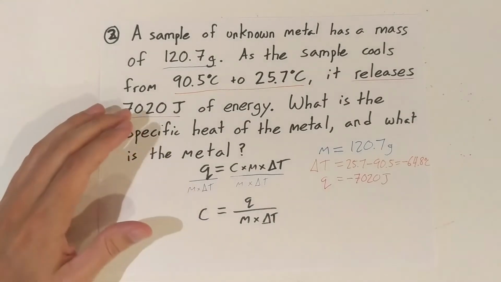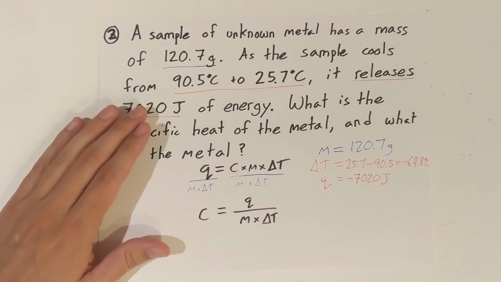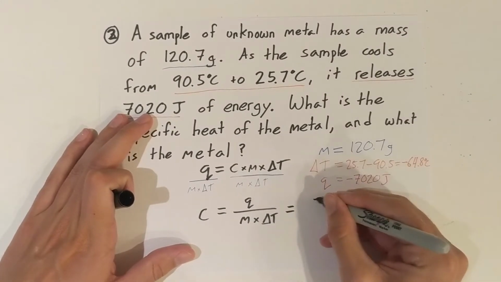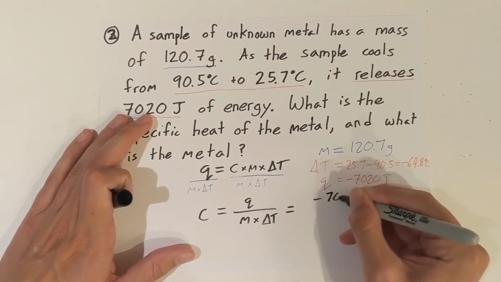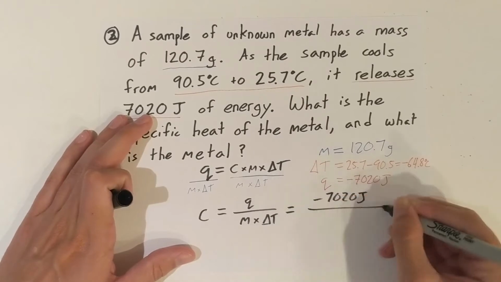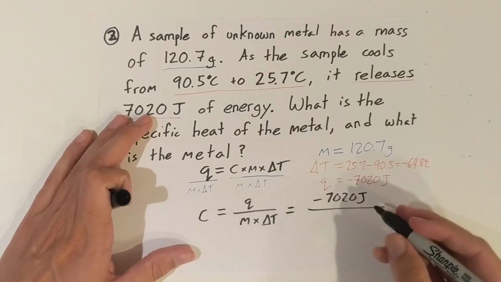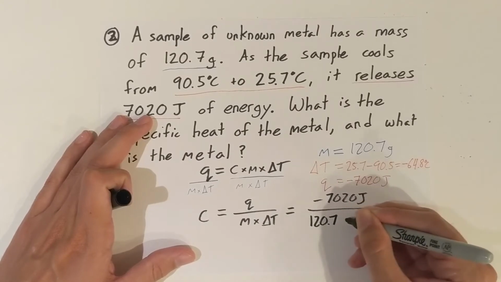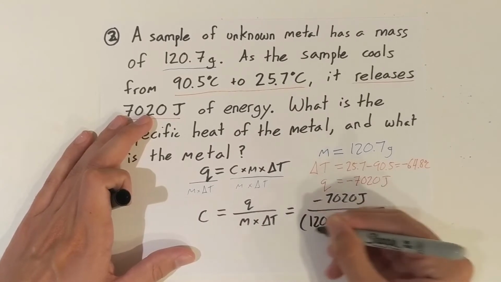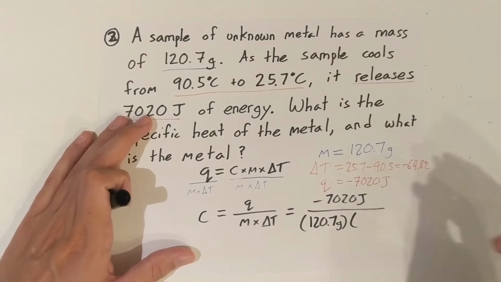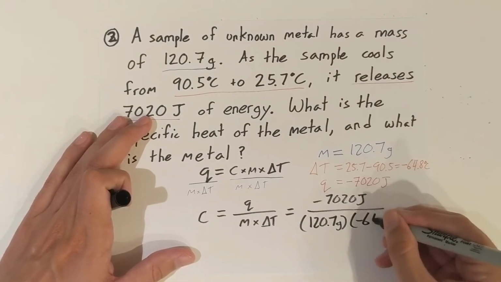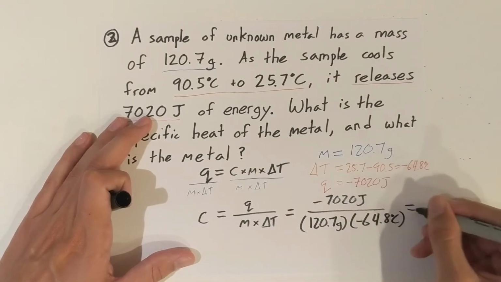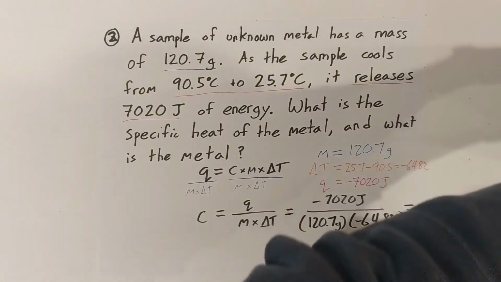All right, so if we plug these in, it'll be negative 7,020 joules divided by 120.7 grams and negative 64.8 degrees Celsius. So we're going to plug all these in the calculator.